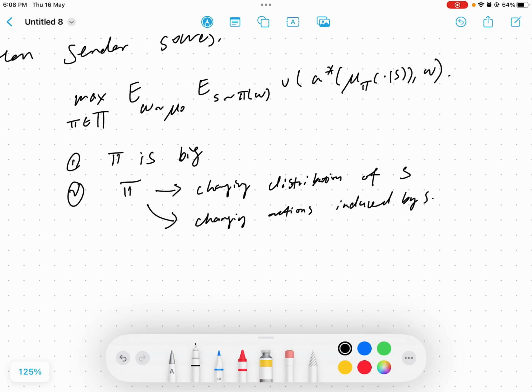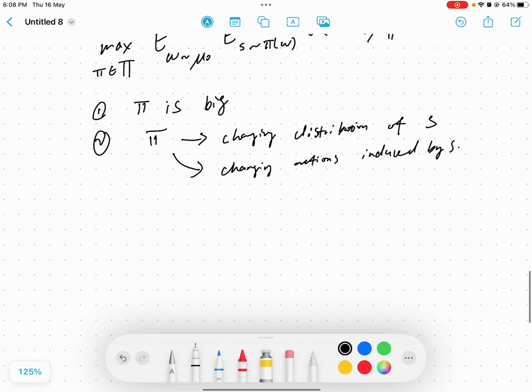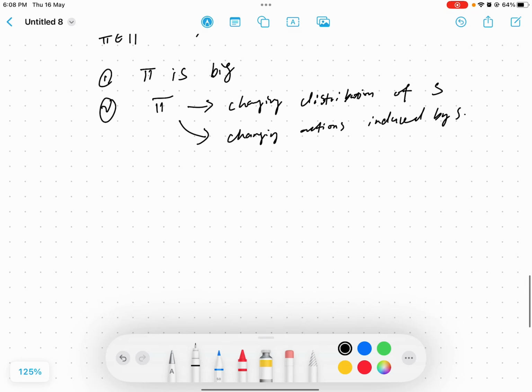Then what they provided in the paper is a very useful approach to simplify this problem, and this is called concavification. Okay. Now let's discuss how they're doing this. Okay.